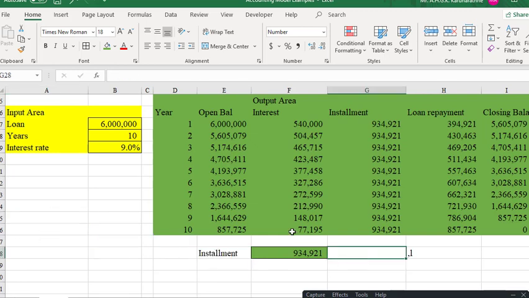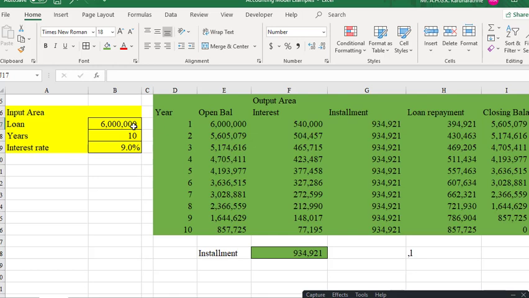Now let's say a new customer comes to the bank, and I have developed this model. Now let's see how this can be manipulated. Manipulating is the main advantage of developing an accounting model. We can manipulate our input area so that we can get different results very quickly, very flexibly, and very conveniently.